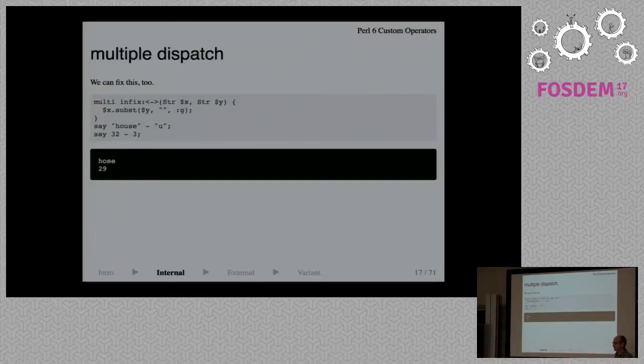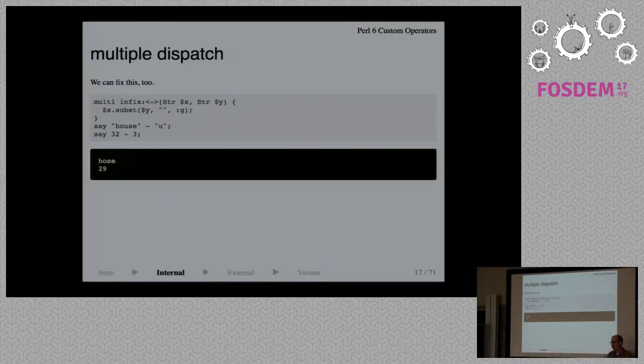Can we use gradual typing on multi, so that if I don't type the signature, it will be the fallback for any other possibility? That's right. The signature of the function, in this case, has types, but you can have multiple dispatch without having types.